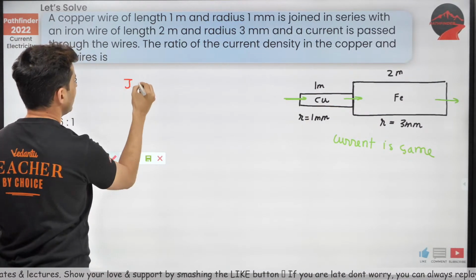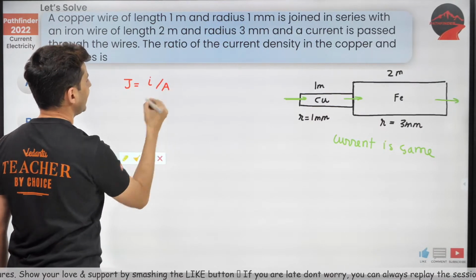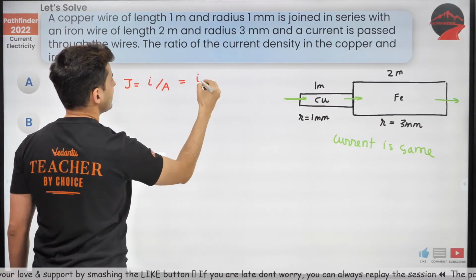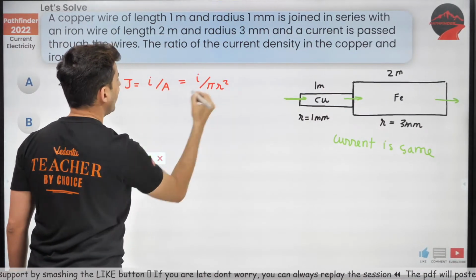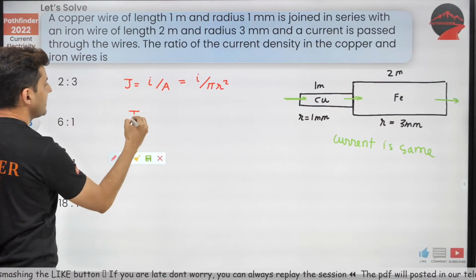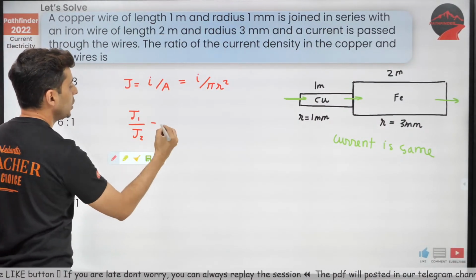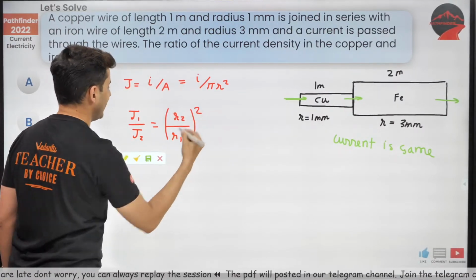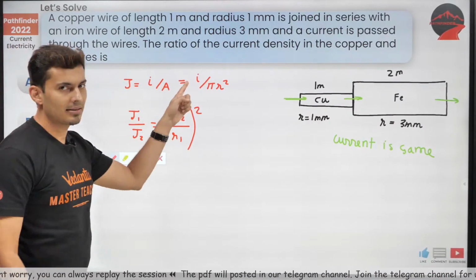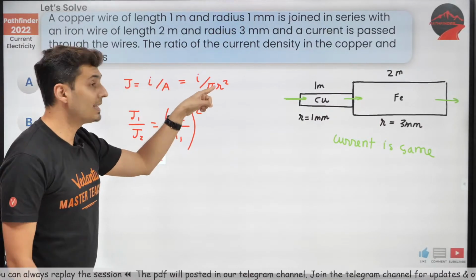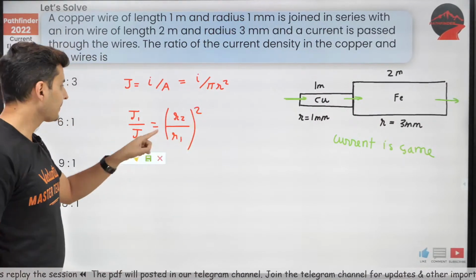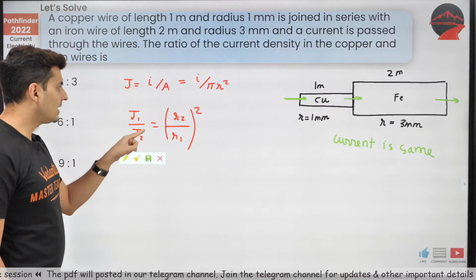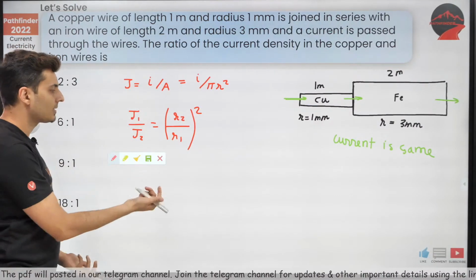J is nothing but I by A, and area is pi r squared. So J1 by J2 will be (R2 by R1) whole squared, because current is same, pi is a constant, and J is inversely related to R squared. So J1 R1 squared and J2 R2 squared are opposite.